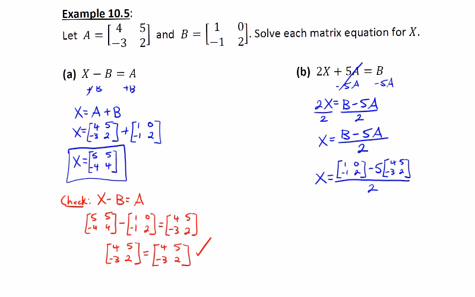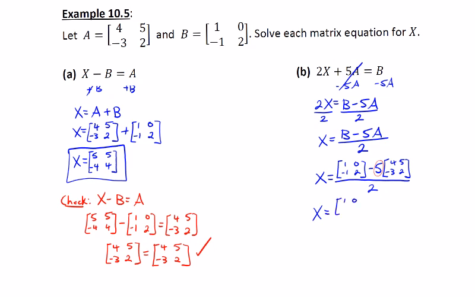Once we get the entries for B and A actually in the statement here, we have to make sure that we perform the correct order of operations. I'm going to start with the scalar multiplication of 5. I'm going to just distribute the 5, leaving the subtraction as an operation for me to perform next.